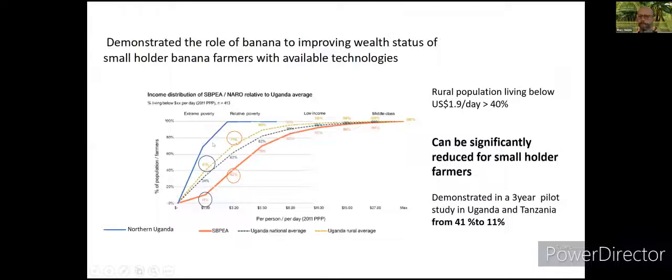So when we look at the poverty levels, this blue are the people in the north, and when you look at these $2, about 70% of them live under extreme poverty.